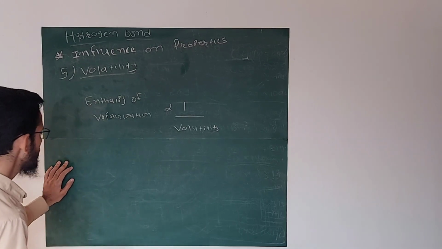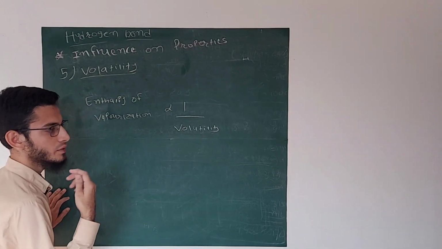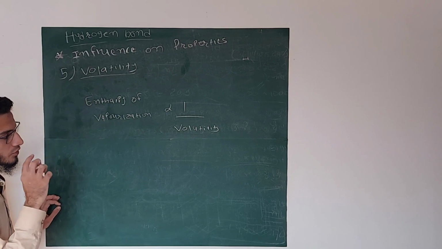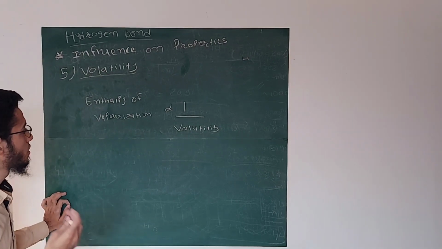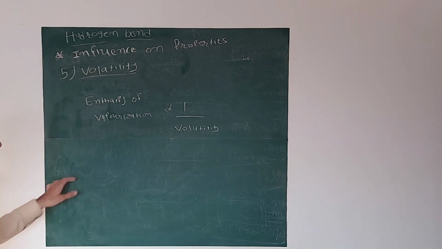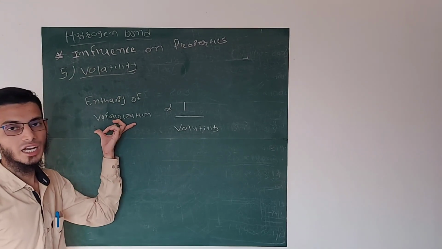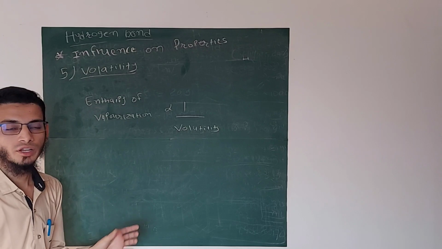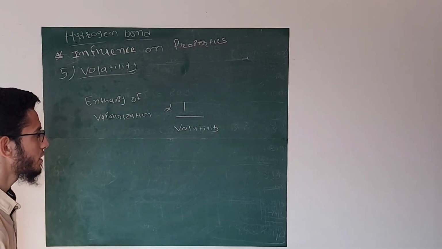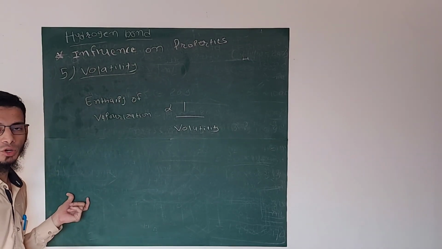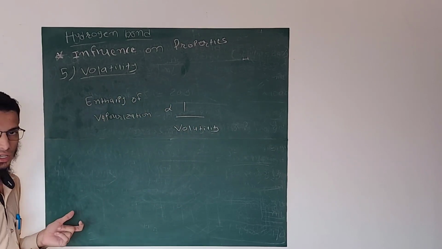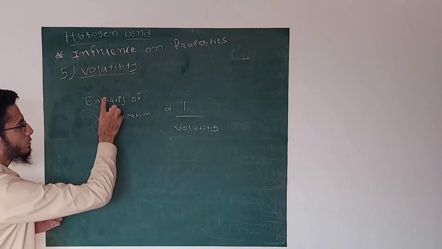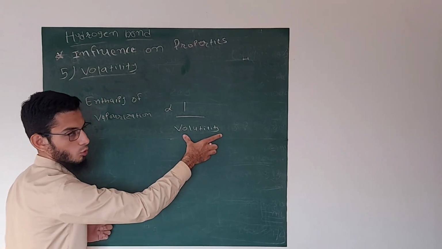Then in the case of group 15, group 16 and group 17, in group 15 there will be nitrogen, phosphorus, arsenic and antimony. The enthalpy of vaporization is directly proportional to the strength of the intermolecular bond. The stronger the intermolecular bond, the higher the enthalpy of vaporization and the lower the volatility. So the enthalpy of vaporization is inversely proportional to the volatility.